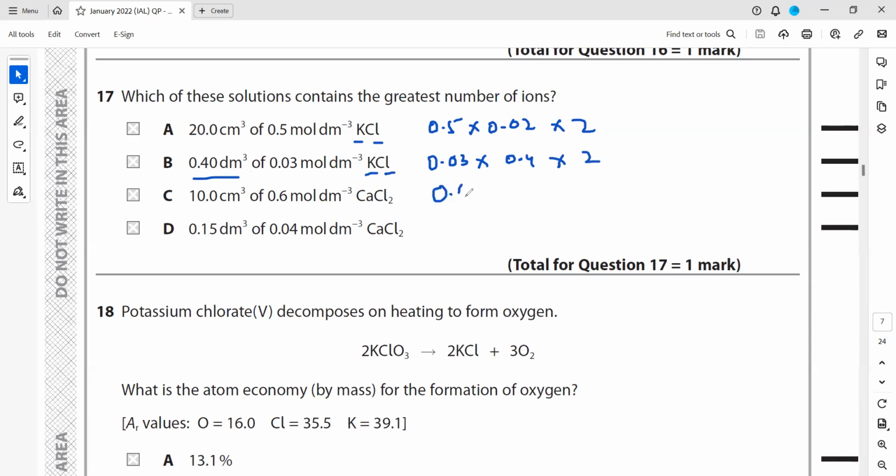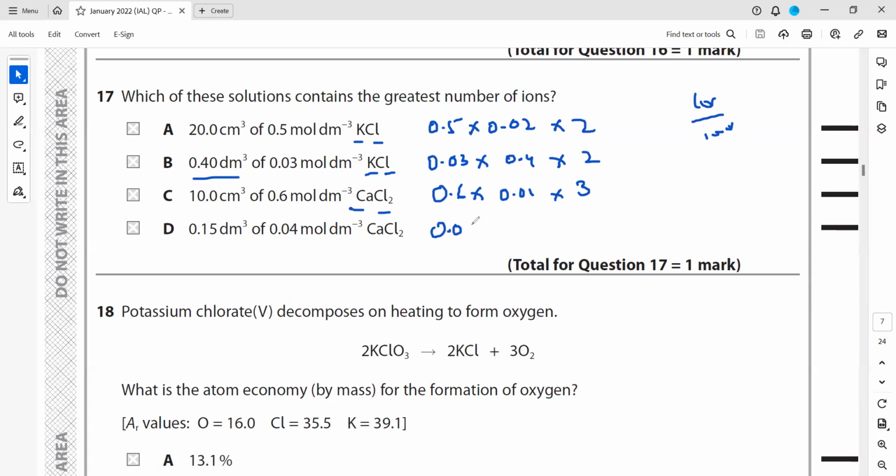Here we have a concentration of 0.6 and the volume is 10, which is 0.01, because it will be 10 divided by 1000, multiplied by the total number of ions. It contains one calcium and two chloride, so it contains three ions.